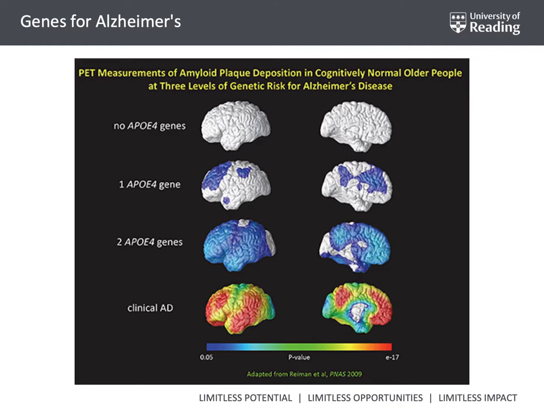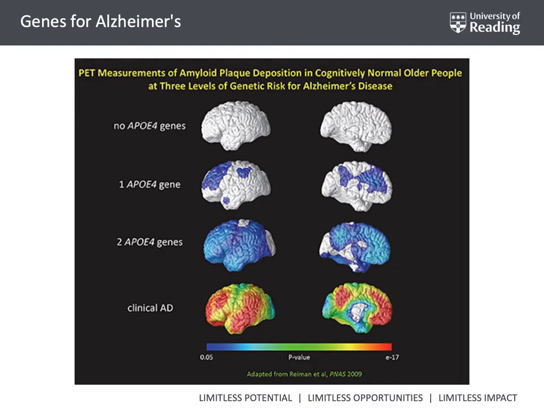Just touching on ApoE status, thinking about ApoE4, how can you monitor that? Thinking about some of the things we've talked about in terms of scanning, here we've got PET measurements, so you can label this amyloid beta peptide. That gives you an insight into how these patients' brains are developing these plaques.